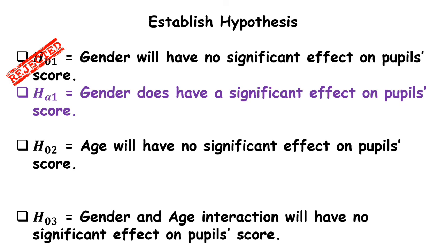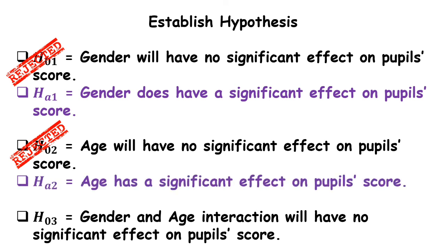The next hypothesis is rejected, which is age will have no significant effect on student scores, because age, based on the data, has a significant effect on student score. And the last hypothesis, gender and age interaction will have no significant effect on student score. We failed to reject that, and we could conclude that probably it's a true statement.